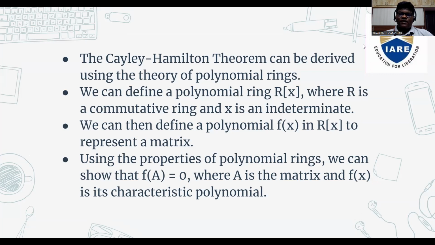We can then define a polynomial f(X) in R[X] to represent a matrix. Using the properties of polynomial rings, we can show that f(A) is equal to 0, where A is a matrix and f(X) is the characteristic polynomial or the characteristic equation of the given matrix A.